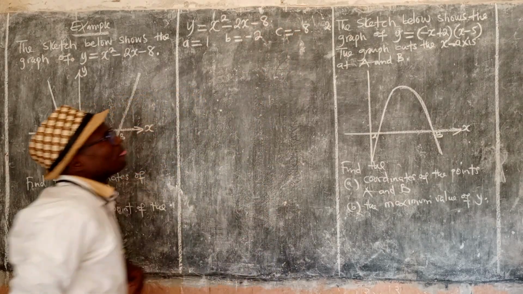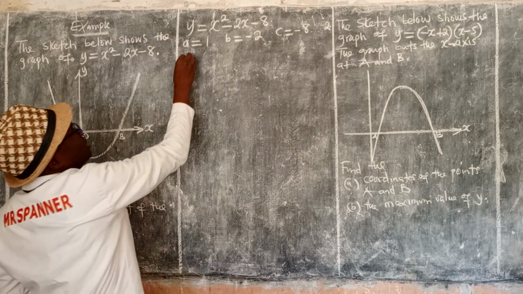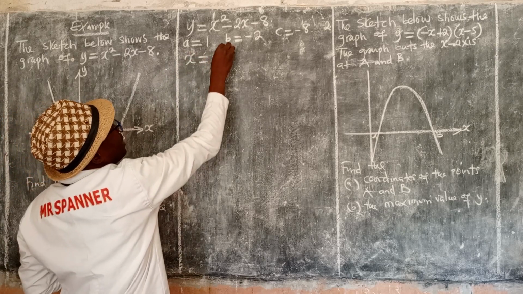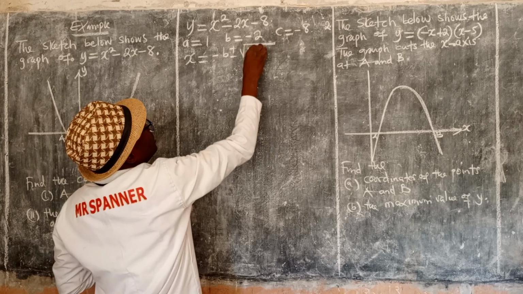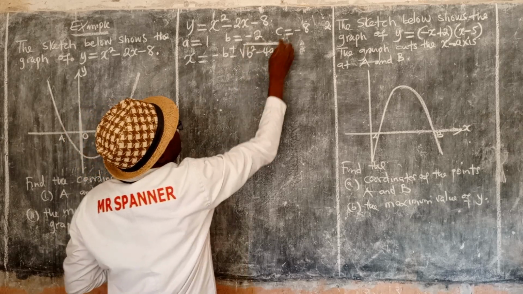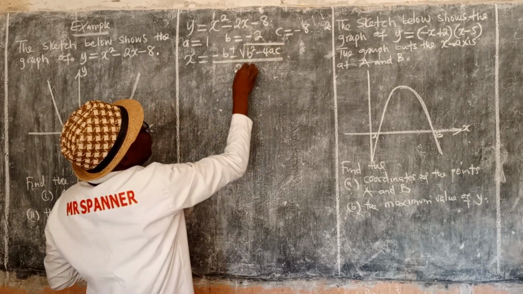Negative 8. Then we apply the formula, which is x is equal to negative b, positive or negative, square root of b squared minus 4ac, over 2a.